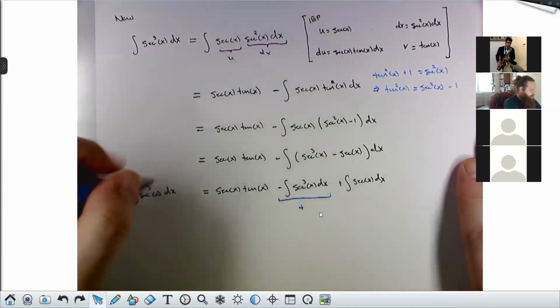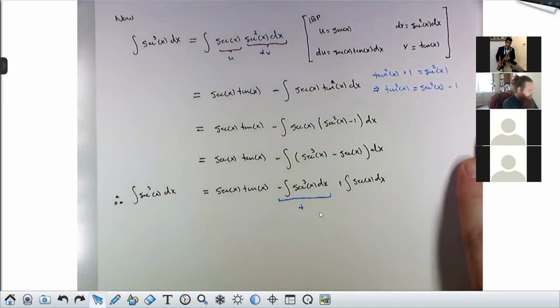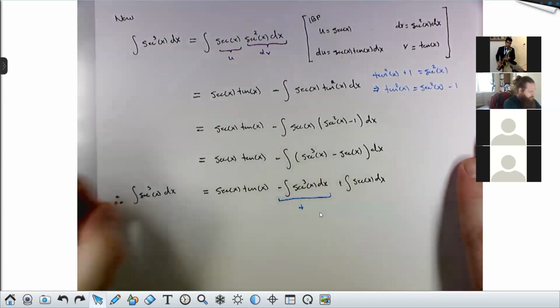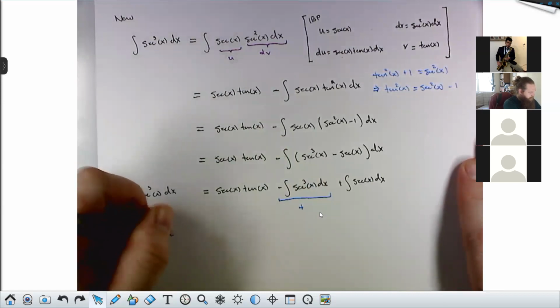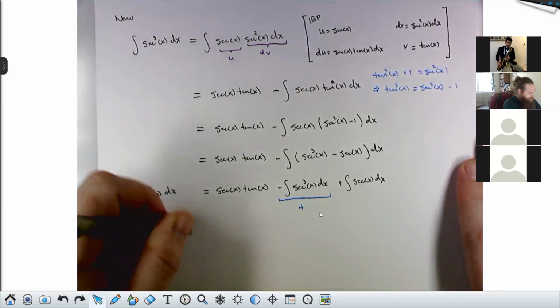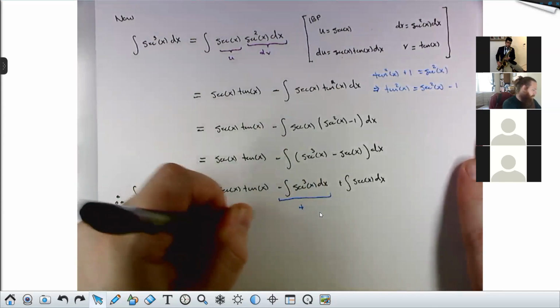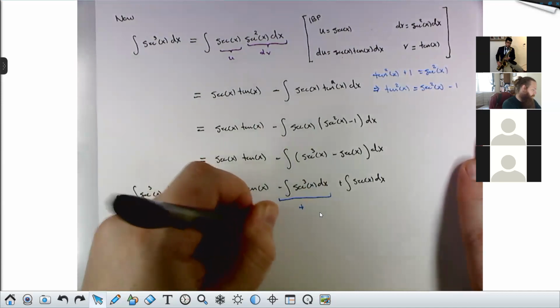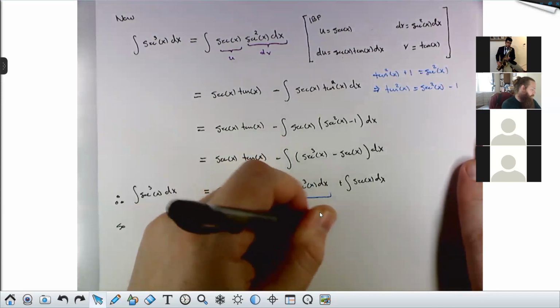So when I add that to both sides, two times the integral of secant cubed x dx equals secant x tangent x plus the integral of secant x dx.